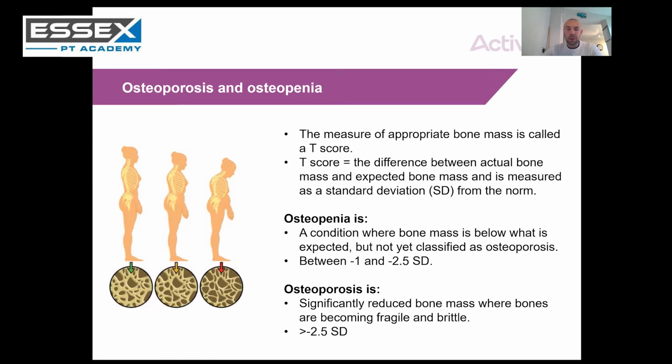Okay. So you statisticians out there can get involved in looking at your standard deviations. Osteopenia is a condition where bone mass is below what is expected, but not yet classed as osteoporosis, between -1 and -2.5 standard deviations. So they're just below that standard line, by -1 or -2.5.